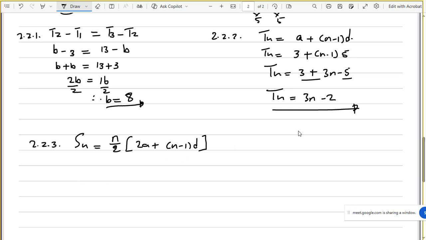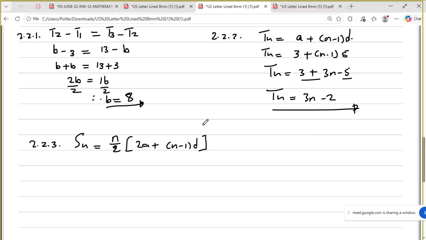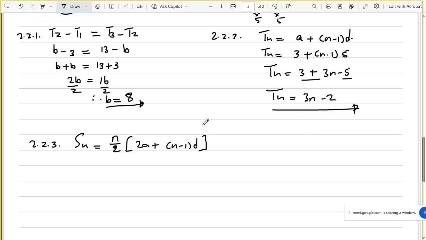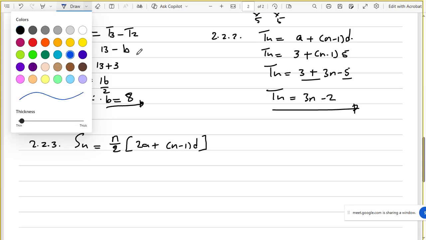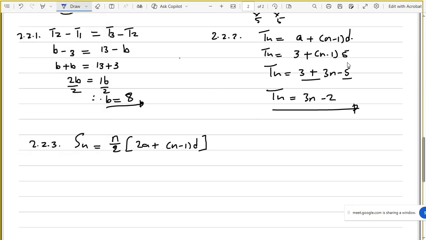Sir, I'm listening. I think there's something wrong with your Tn. With my Tn, which one? That one of the arithmetic. I think it's supposed to be 5n minus 2, because I multiplied out the bracket by 3 instead of 5. Yes, this is 5 times n, right? So this should be 5n. So Tn is 5n minus 2. What's your name?